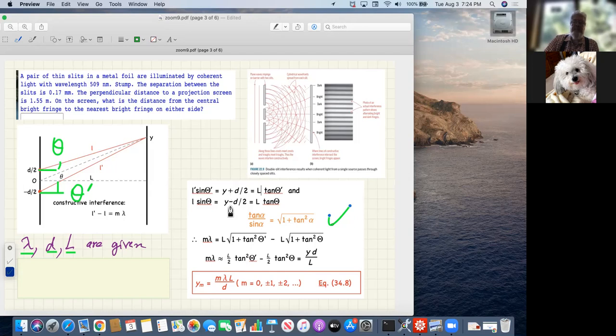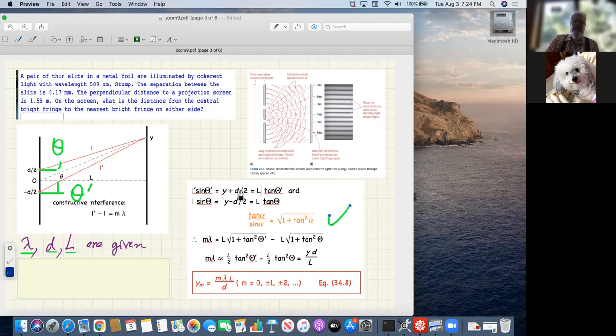Well, tangent theta prime is y plus d over 2 squared. We'll have that. And then minus y minus d over 2 squared. Y squared minus y squared is 0. D over 2 squared minus d over 2 squared is 0.